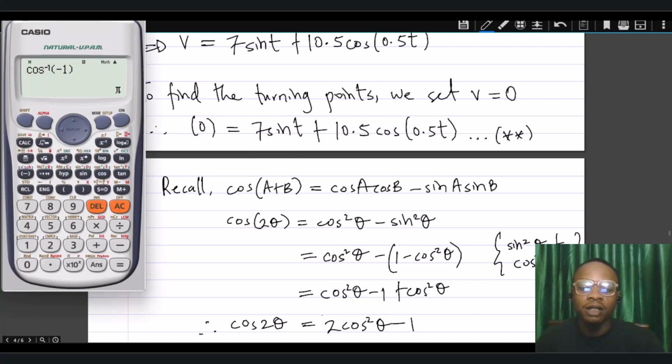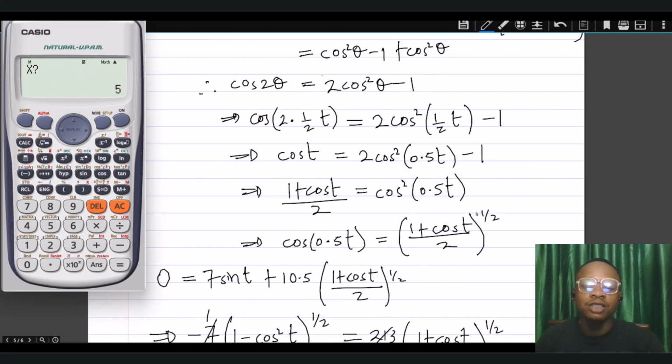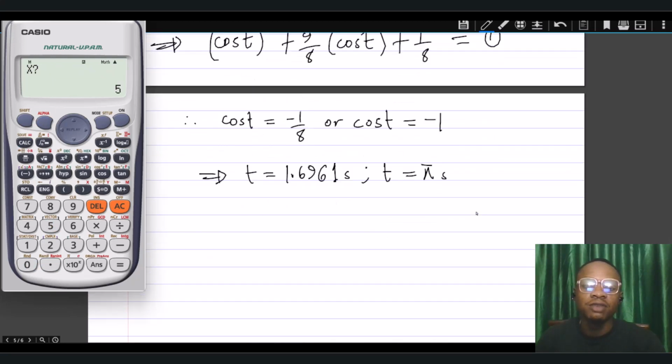So let's bring up our calculator and enter this function again. 7 sine alpha, we're using x, okay, plus 10.5, this is plus 10.5 cos 0.5x, that is cos 0.5 alpha x, then close the bracket.